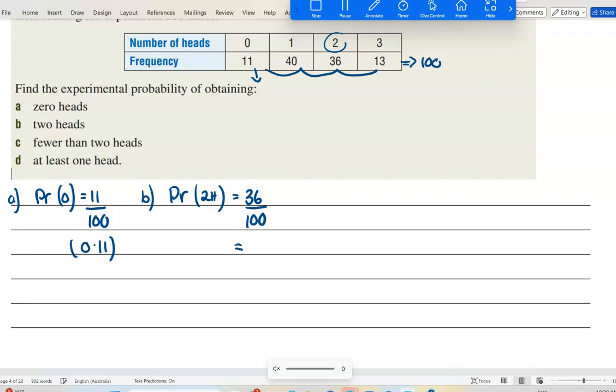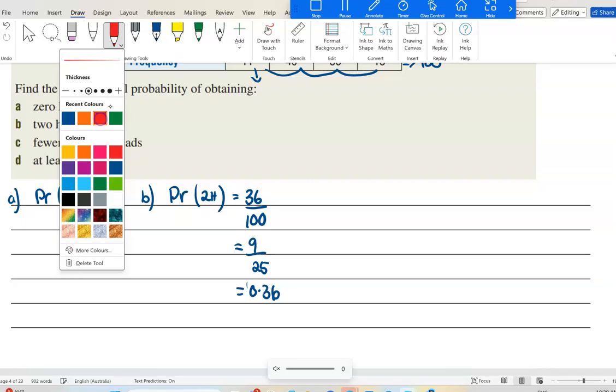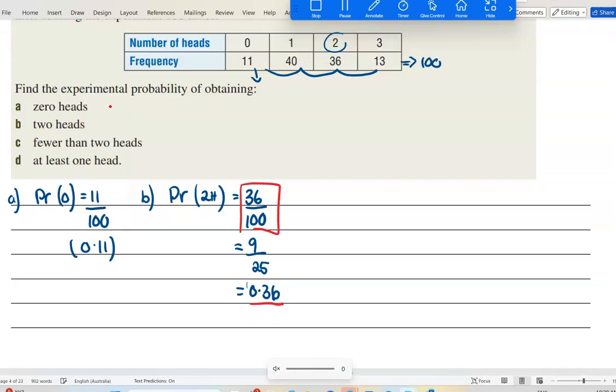We can simplify that. 4 goes into that 9 times and 4 goes into that 25 times. Or for the decimal, use this 1 out of 100 to create the decimal.